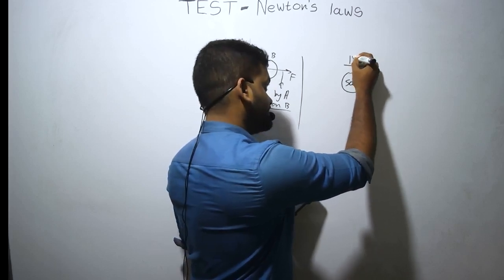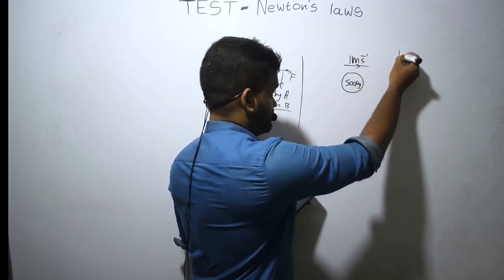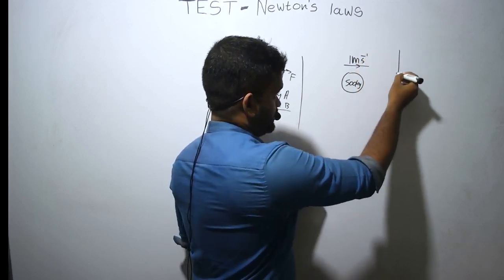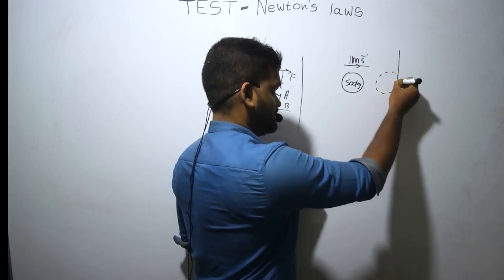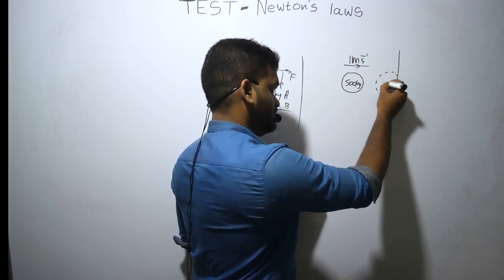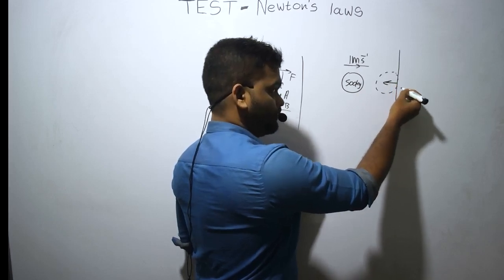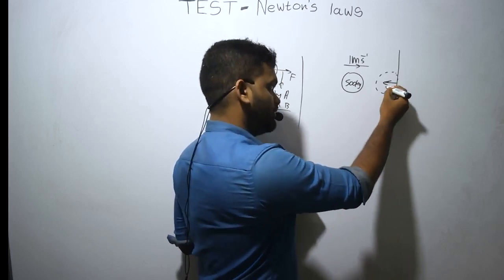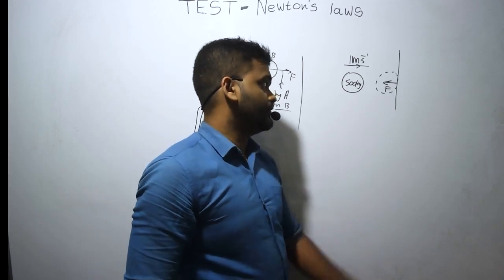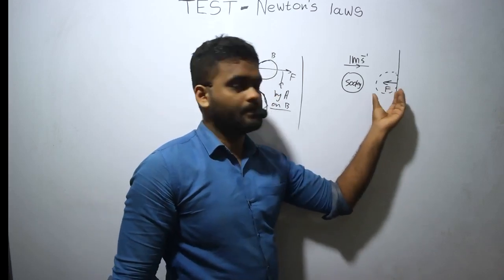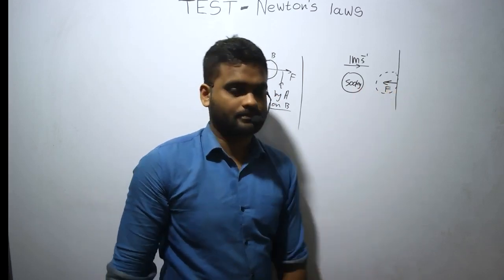Since it has a velocity, it has a momentum. So it hits the wall, like this. As it hits the wall, the wall exerts a force on the object. Due to that force, the object stops.